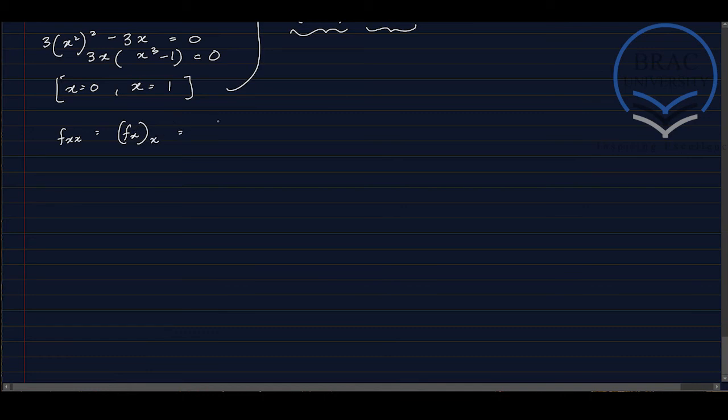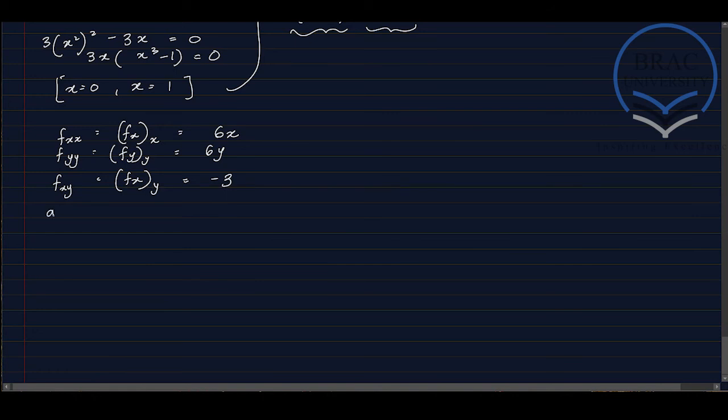So this will become 6x. Then again we need to find fyy, which is basically the differentiation of the first partial derivative with respect to y. Now this simply becomes 6y, and we know that fxy is simply the derivative of fx with respect to y, and this is minus 3.